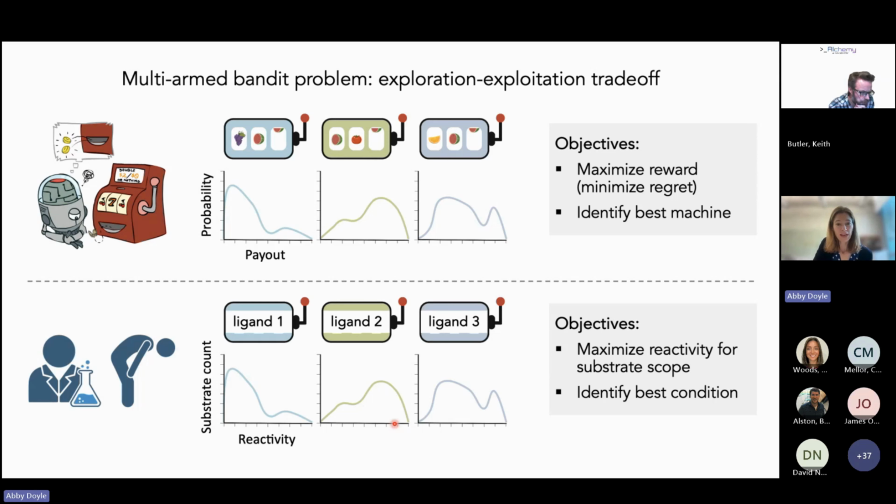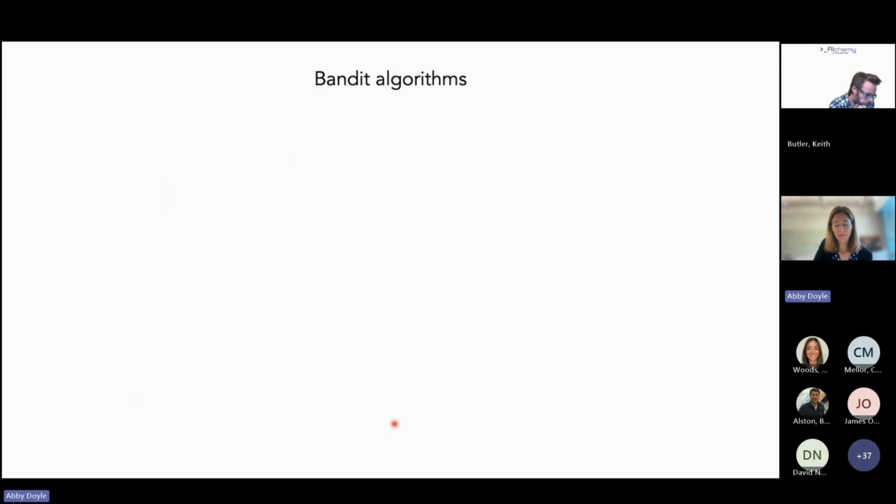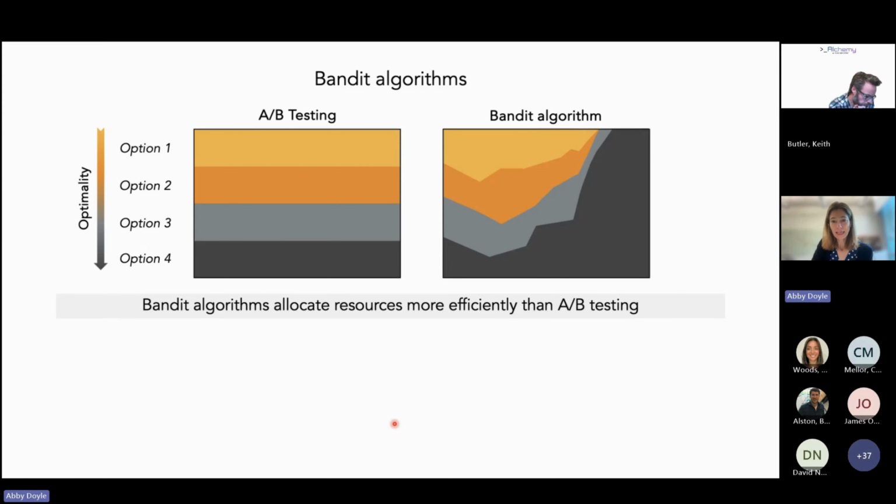So Jason went ahead and started to evaluate this first using some simulated data where he could compare against traditional A/B testing, the bandit algorithms, to benchmark and see if this actually could find the most general conditions and at what level of efficiency.